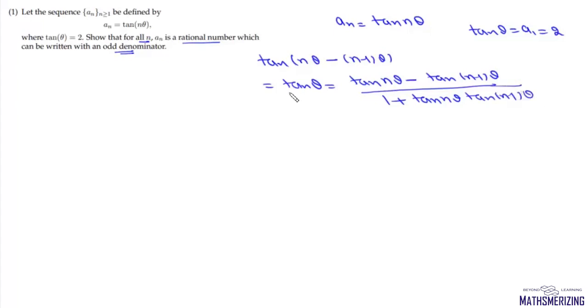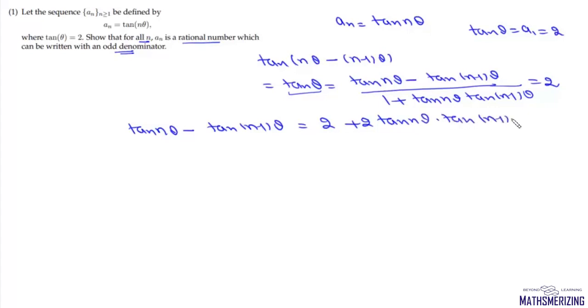Then the question says the value of tan theta is 2. So we'll cross multiply, then we can write tan n theta minus tan (n minus 1) theta, and it will be equal to 2 plus 2 tan n theta into tan (n minus 1) theta.